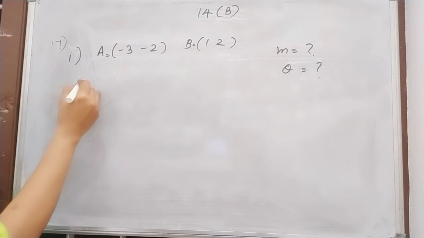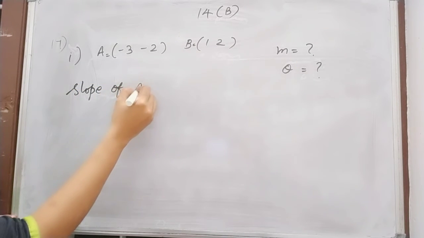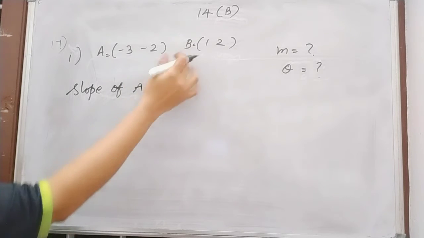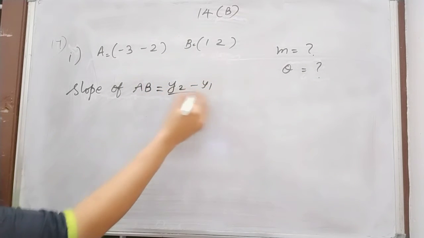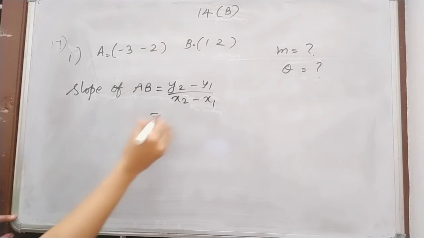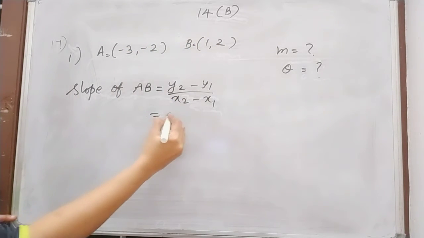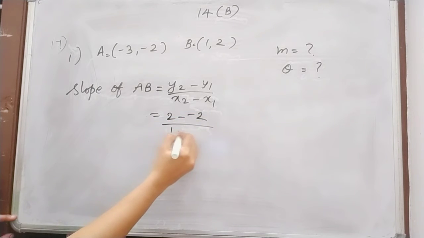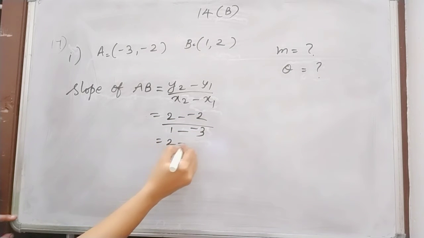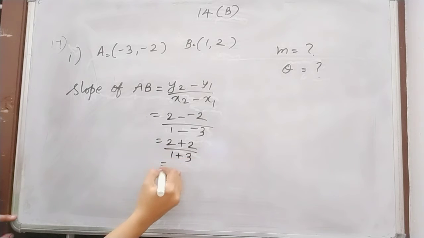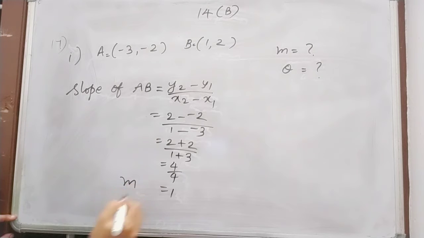So the slope of AB is 2 minus negative 2 divided by 1 minus negative 3, that is 2 plus 2 divided by 1 plus 3. So 4 by 4, which is equal to 1. That is M is equal to 1.